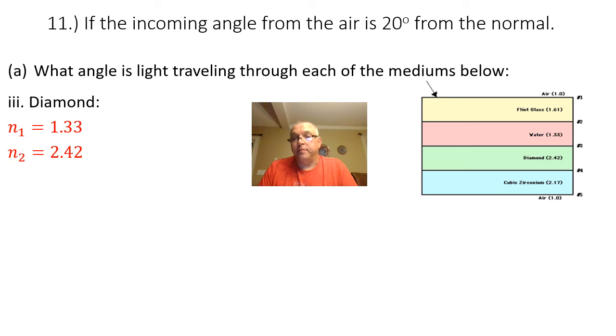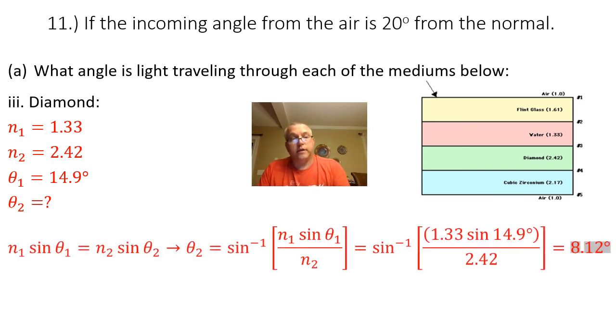My angle of incidence in going from the water to the diamond is equal to my angle of refraction going from the glass to the water, and that was 14.9 degrees, and we are solving for theta 2, my angle of refraction. We're going to follow the same procedure using Snell's law and solving for theta 2. Do all of the math like we did before, and when we calculate out my angle of refraction into the diamond, I am going to have an angle of 8.12 degrees.